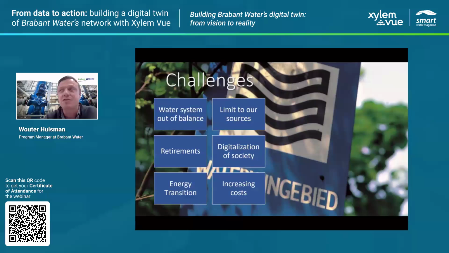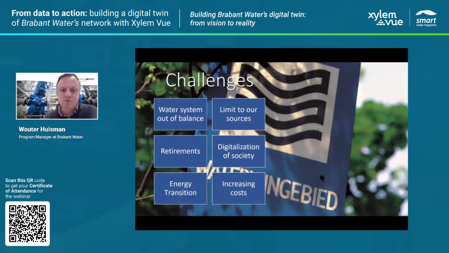I guess since the summer of 2017-18, we've had very warm and hot summers that really stretched the water distribution here. And we also see that a lot of other users fight for water, especially during the hot summers. And it makes the whole water system out of balance. So that's a big challenge for us as a company.